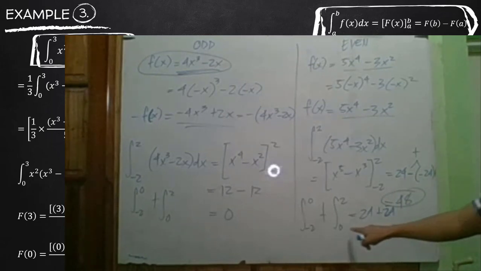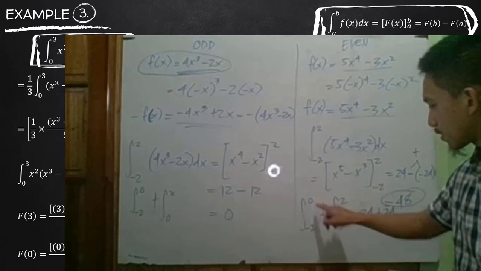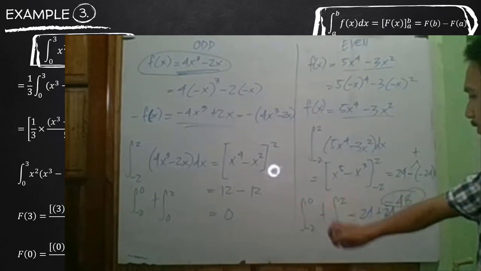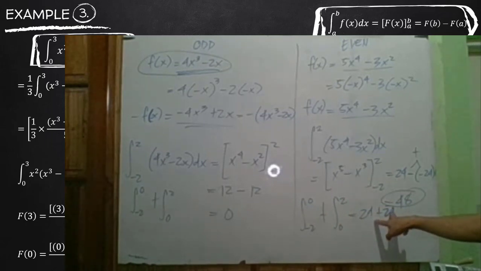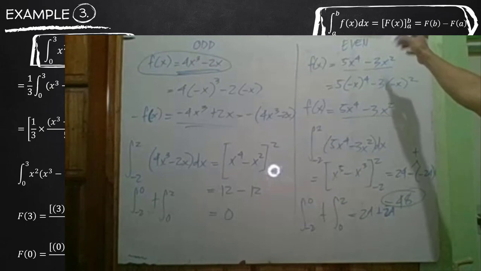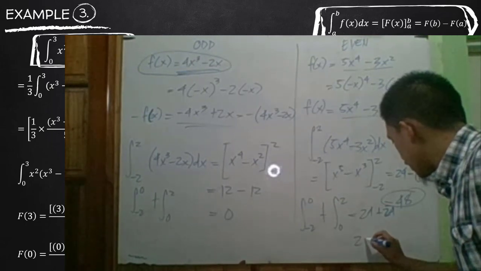So if you cut this in the middle, from negative 2 to 0, and then from 0 to 2, that will be giving you 24, that will be giving you 24, so that will be giving us 48. That's why in this one, in even functions, they simplified it as twice.